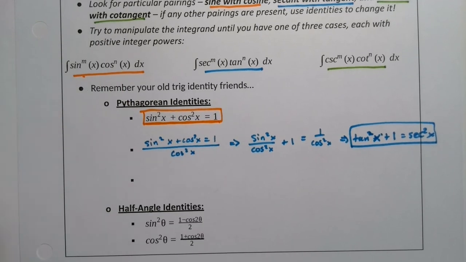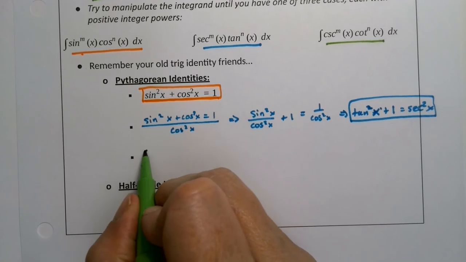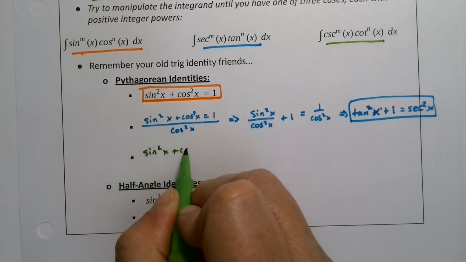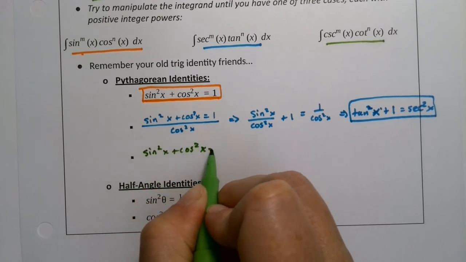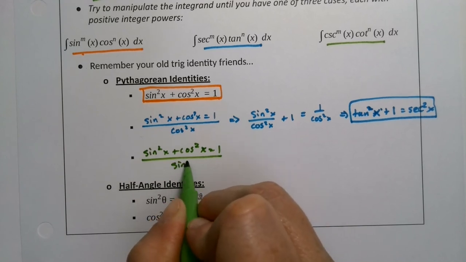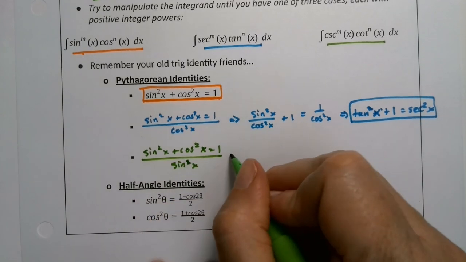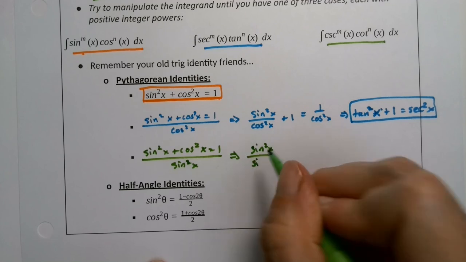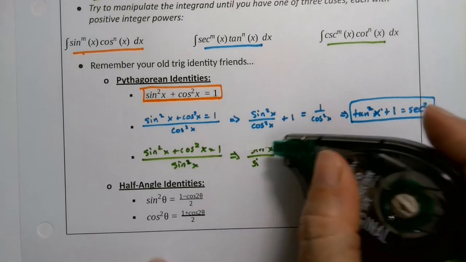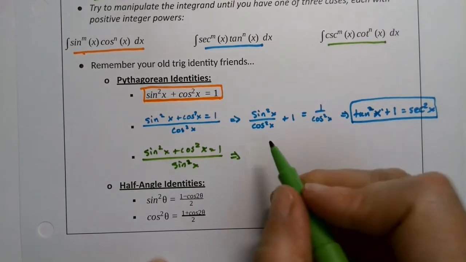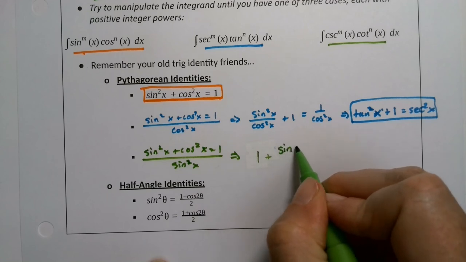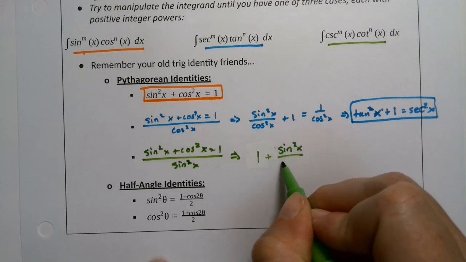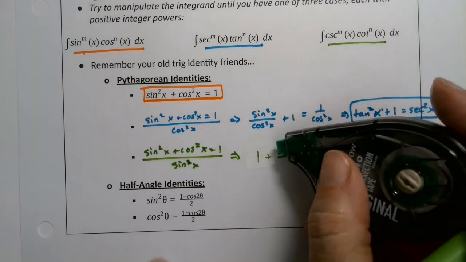And then similarly, I could do the same with cosecant, cotangent. So if I took sine squared x plus cosine squared x equals 1, and I divide by sine squared, it would work very similarly. It'll be sine squared over sine squared, which is just 1. Oh my goodness. Cosine squared over sine squared.